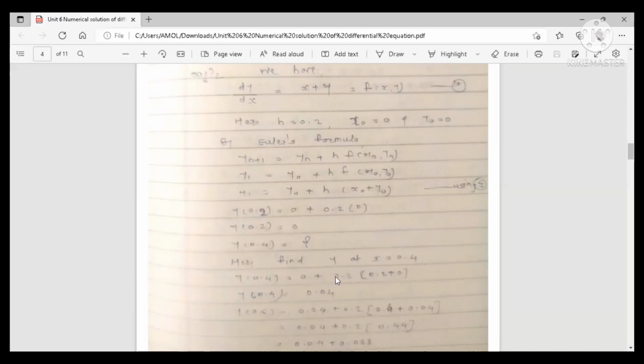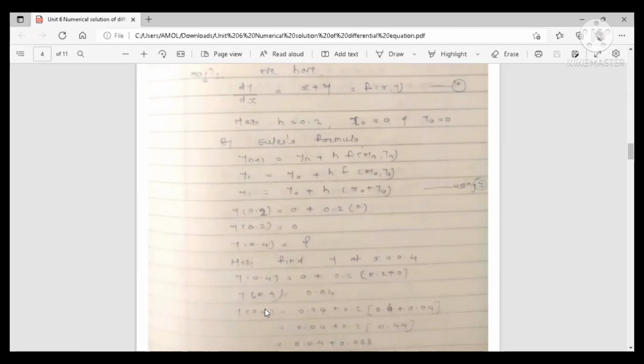So it is 0 plus h, which is 0.2, into f of x1 y1. What is your f of x y? It is x plus y. So your f of x1 y1 will be x1 plus y1. So what is x1? X1 is 0.2. What is y1? The value of y is 0 when x is 0.2. So 0.2 plus 0. Simplify it, you will get y of 0.4 as 0.04.